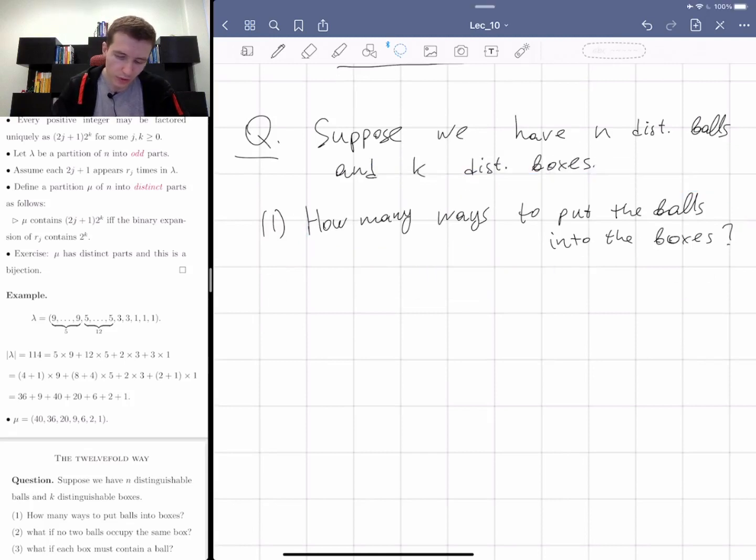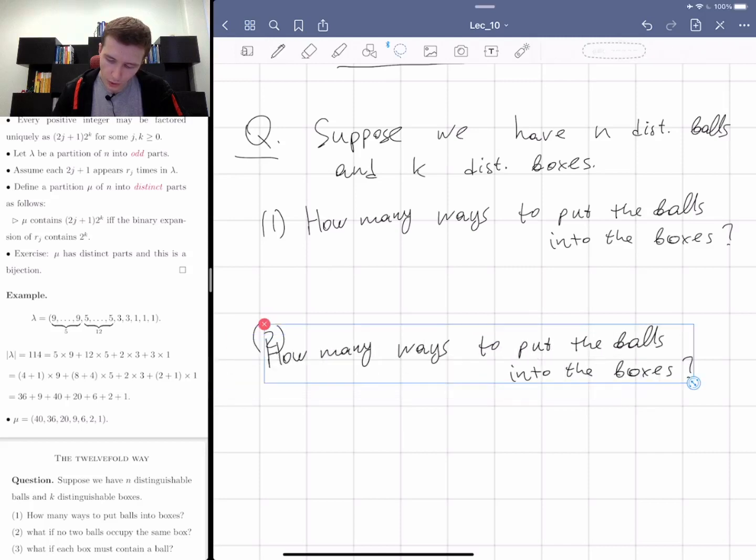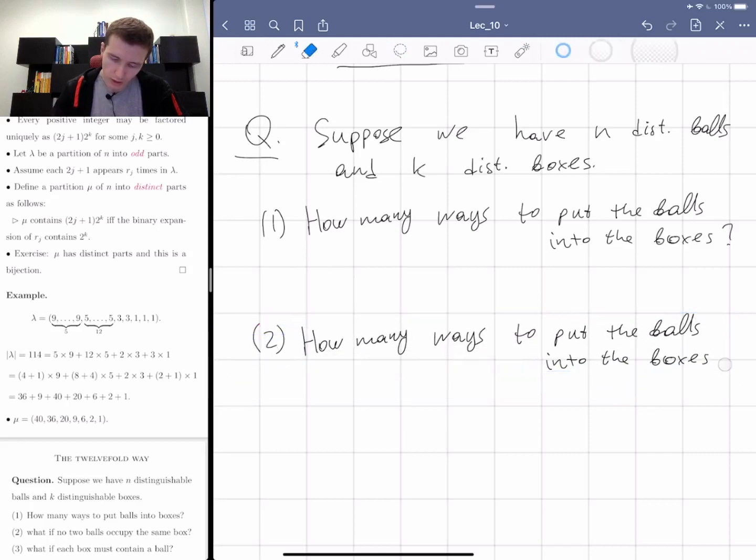Question number 2 is the same as question number 1, but with an extra condition, so that no 2 balls occupy the same box.